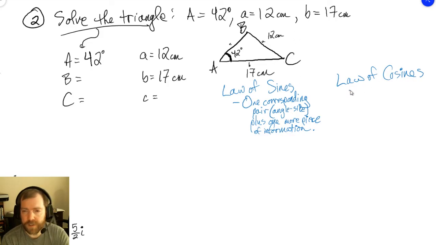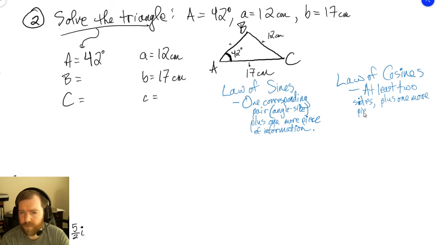Using law of cosines, you must have at least two sides plus one more piece of information.